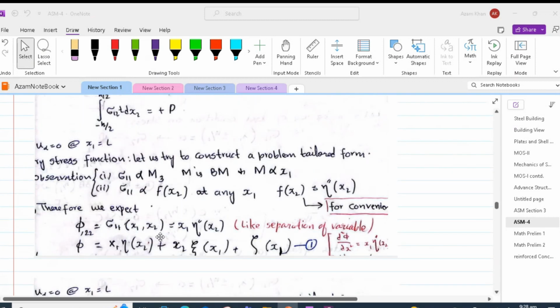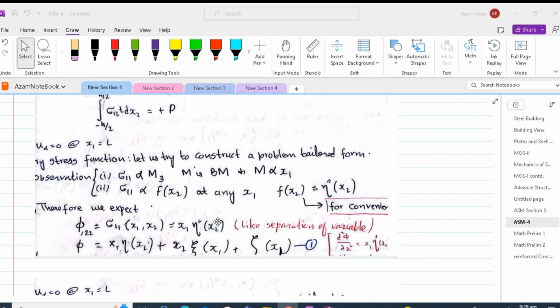So just like a separation of variables, we can write phi comma 22, which is equal to sigma 11 (x1, x2) from the Airy stress function, equal to x1 times a function of x2, which we have taken as eta double dash x2. As I said, we are trying to develop a stress function, and we are using engineering judgment, but with that we use a lot of assumptions to come up with a viable stress function.